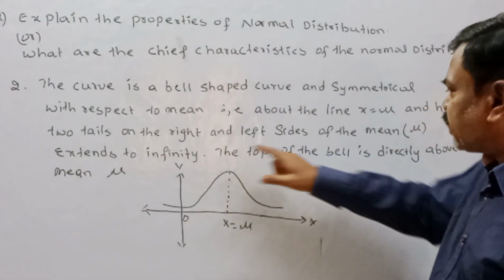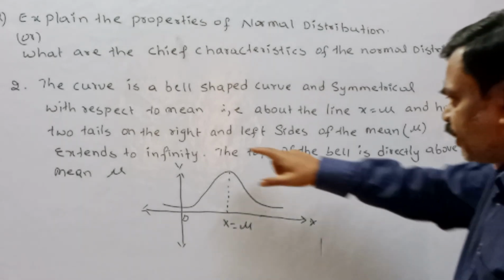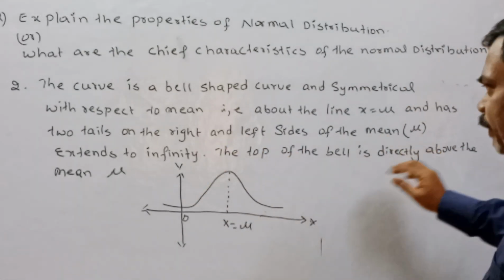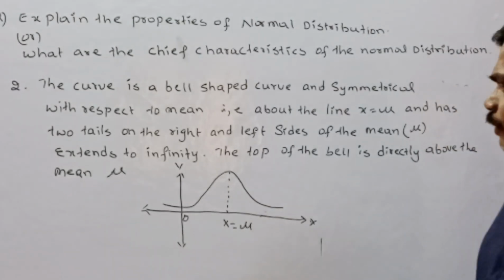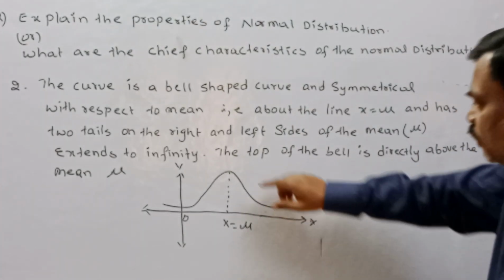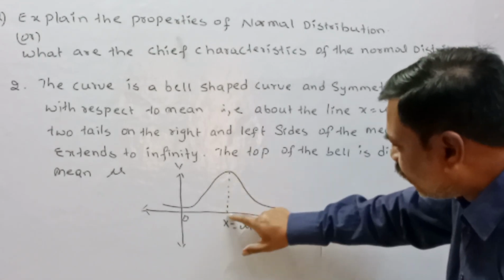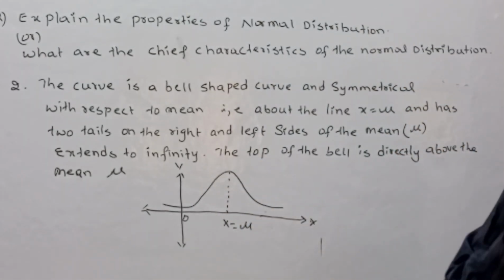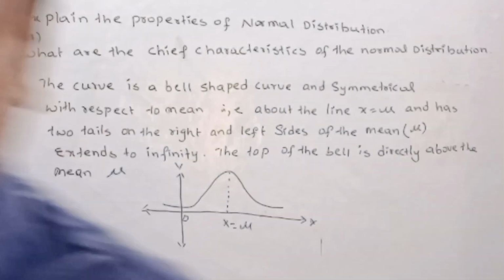These extend infinitely; that is, the right tail and left tail of the mean extend to infinity. The top of the bell is directly above the mean. Okay, this is the second property of the normal distribution.